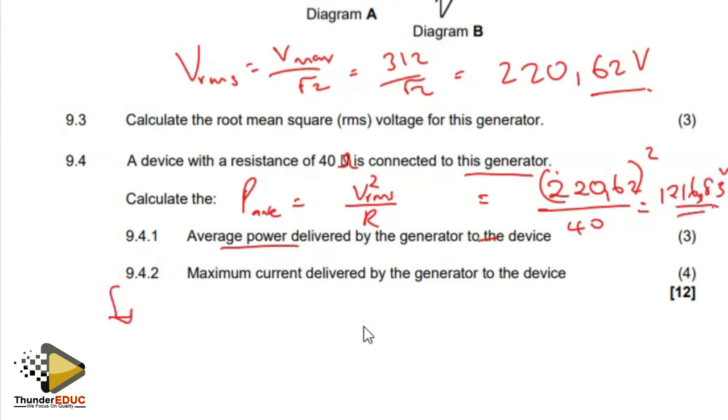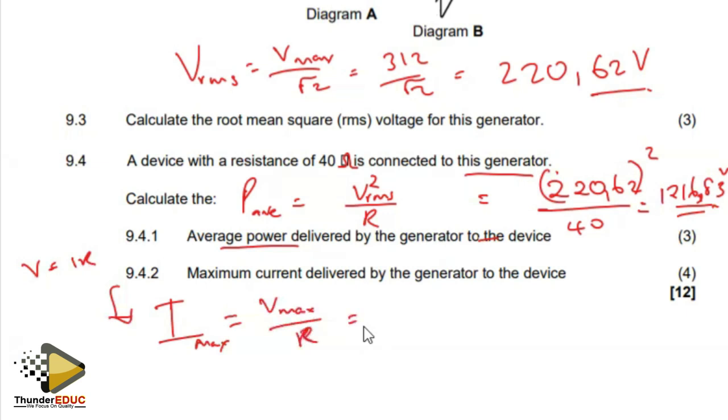Then 9.4.2, they want the maximum current that is delivered by the generator. So we need to start by getting the current itself. Is it going to be Imax? Definitely. Remember, V is equal to IR, so Imax is Vmax divided by the resistance.